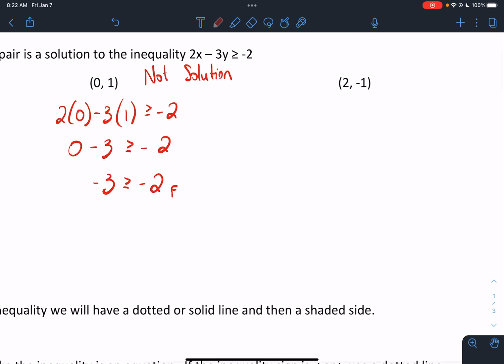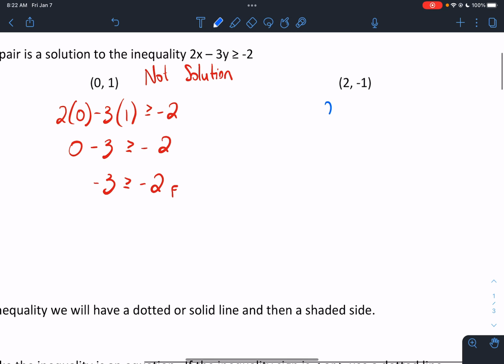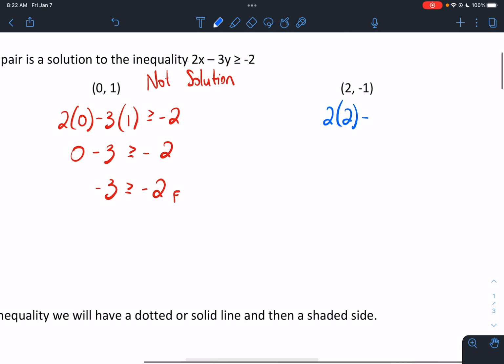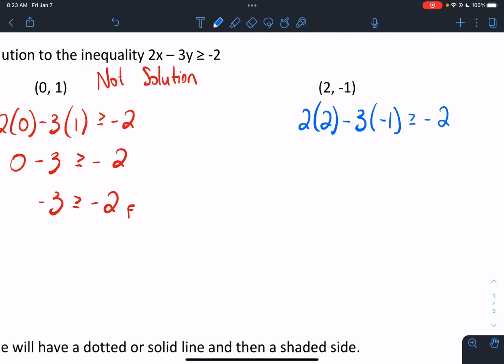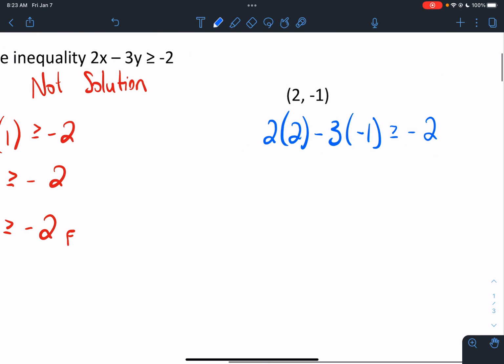And then this last one here, I'm going to do the same thing. I'm going to go 2 times 2 minus 3 times negative 1 is greater than or equal to negative 2. So when I do this, I get 4 minus 3 times negative 1.